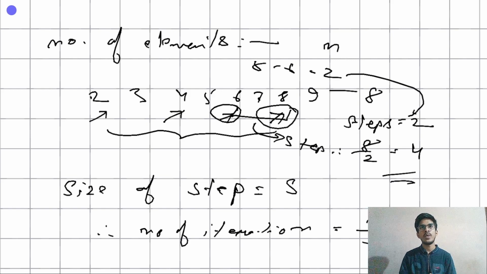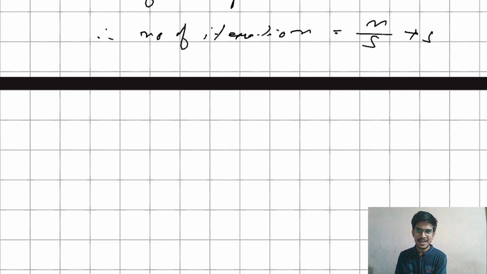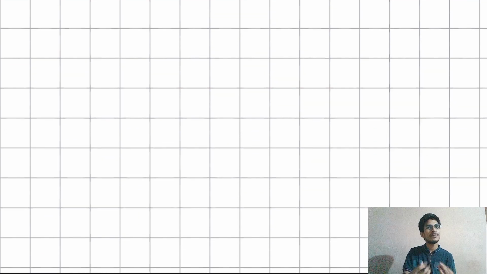So suppose we want the whole thing to be done in the minimum number of steps. The minimum can be 0.